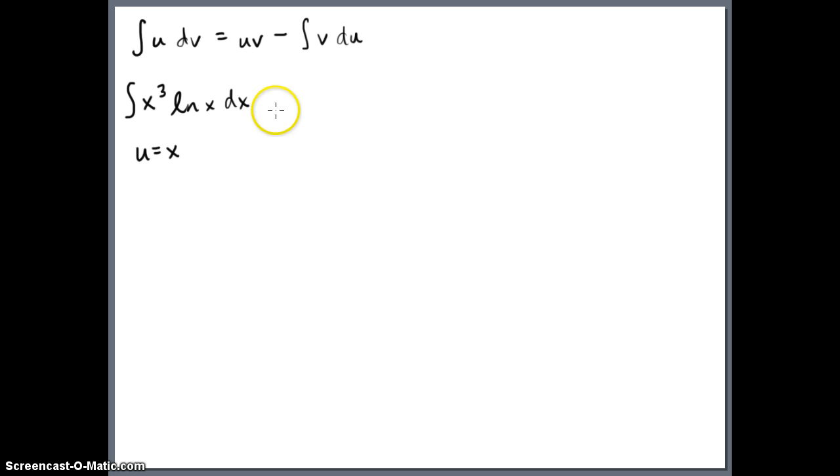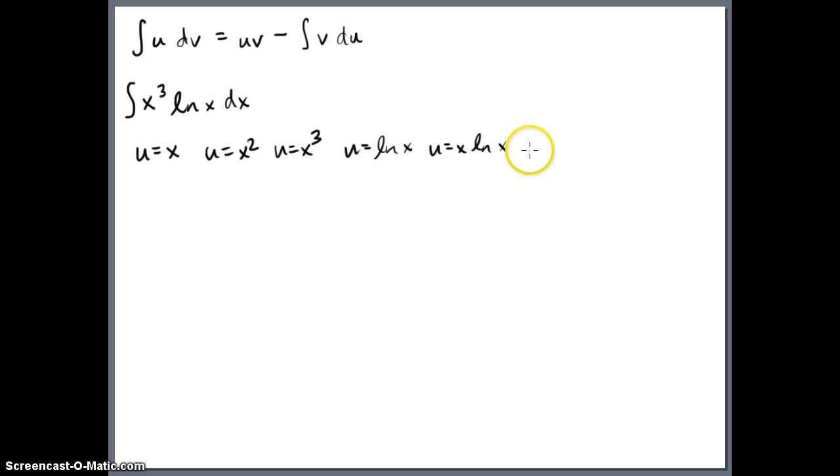Now, what are the various choices for u which might make sense for this integral right here? Well, maybe u equals x, maybe u equals x squared, maybe u is equal to x cubed, and I think that's all you can get away with if you decide not to use ln of x. But some choices using ln of x: maybe just u is equal to ln of x, maybe u is equal to x ln x.